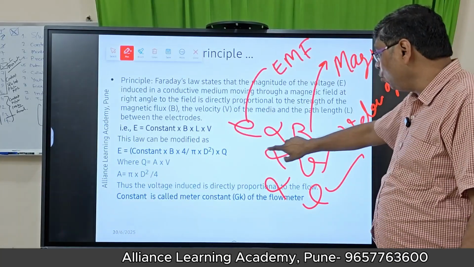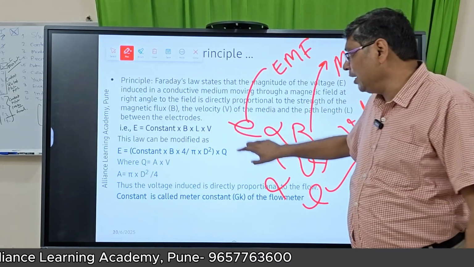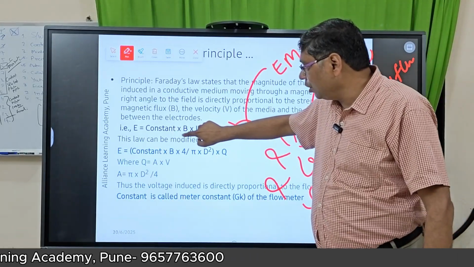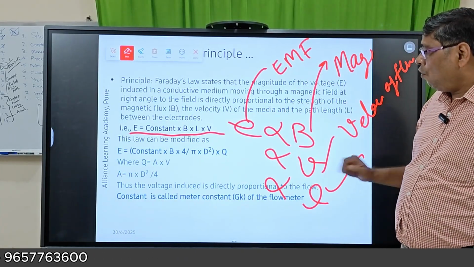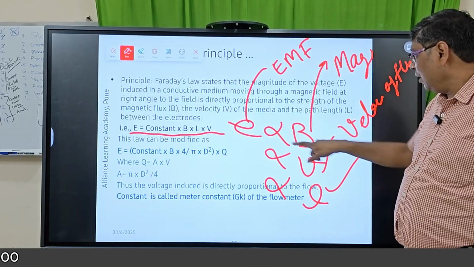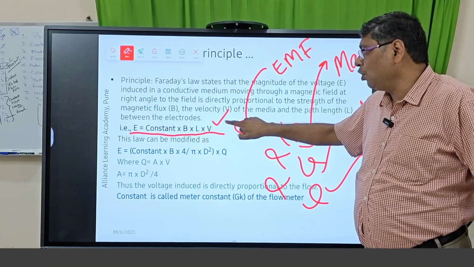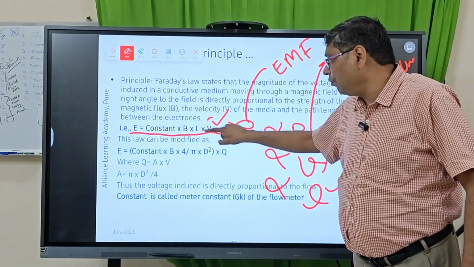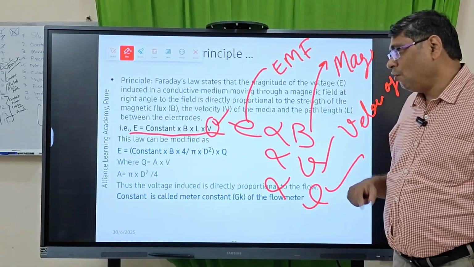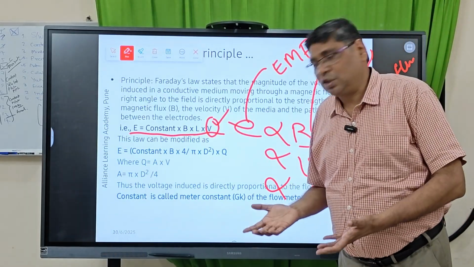Then how will it be equal? For making it equal, we need one constant. So we can see this equation over here. With this formula, we are calculating V. So V equals E upon constant times B L. Now we got V. Then we know Q is equal to area into velocity.